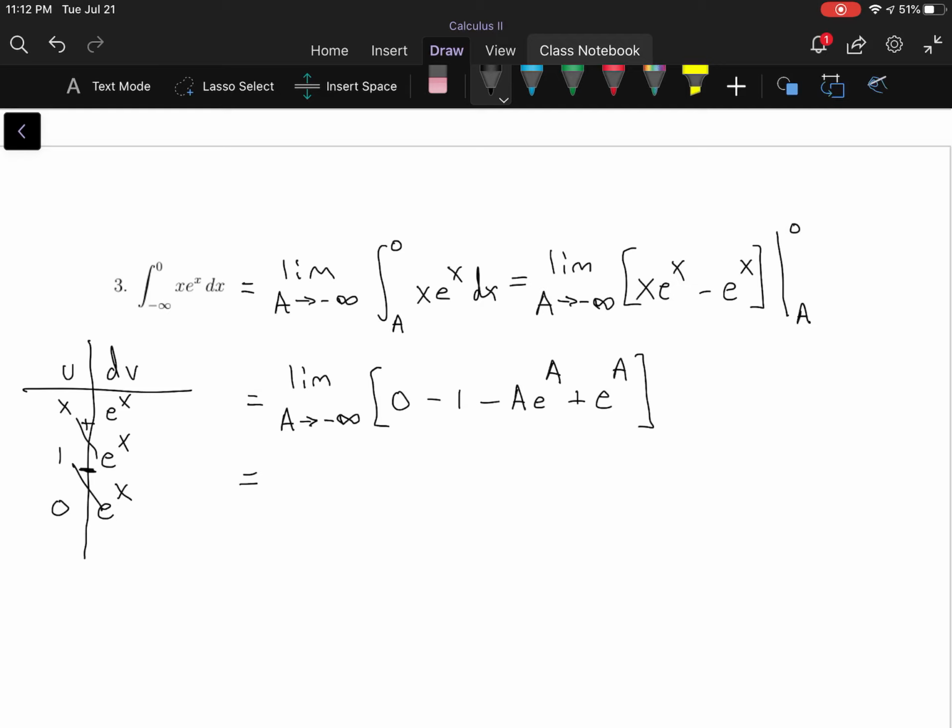So limit of negative 1 is itself negative 1 minus the limit as a goes to negative infinity of a e to the a, but I'm going to write that as a over e to the negative a, plus the limit as a goes to negative infinity of e to the a.